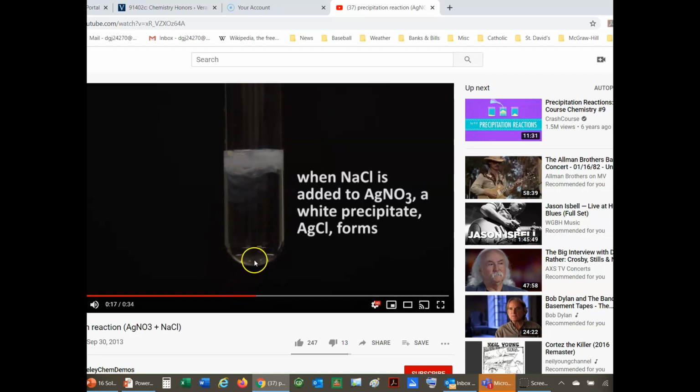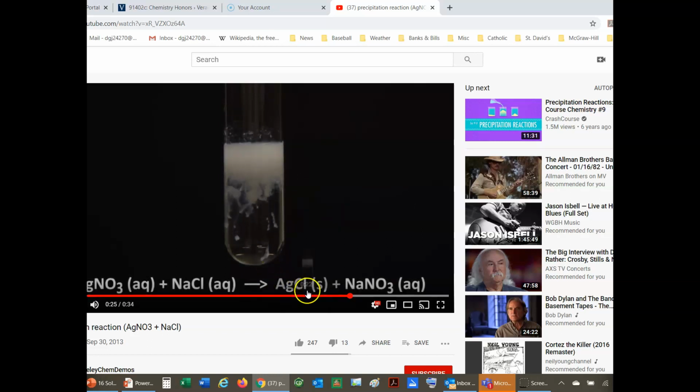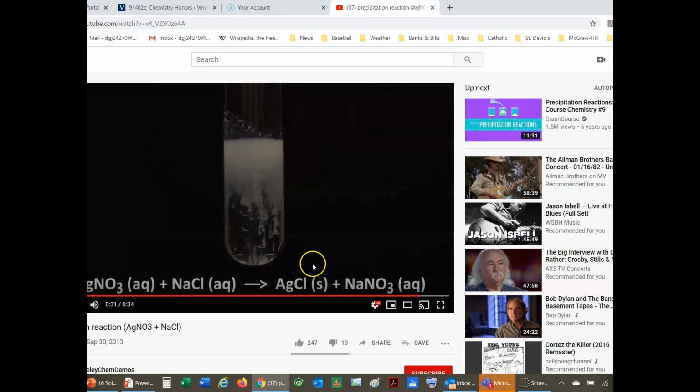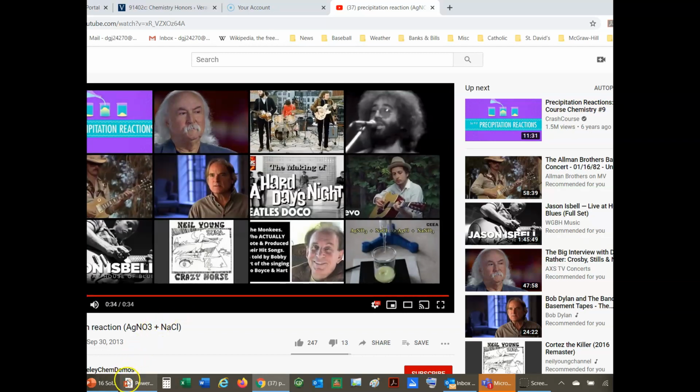Now they're going to start dripping in the sodium chloride. And when we drip in the sodium chloride, immediately this white precipitate of silver chloride begins to form. That's because silver chloride is not soluble in water. And so one of the products is soluble in water and the other is not.